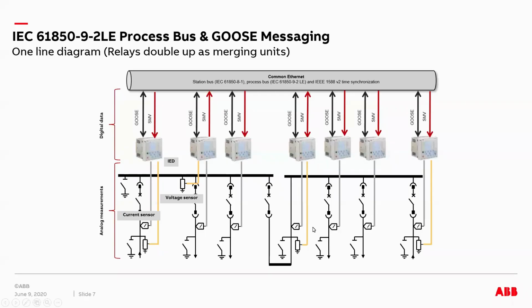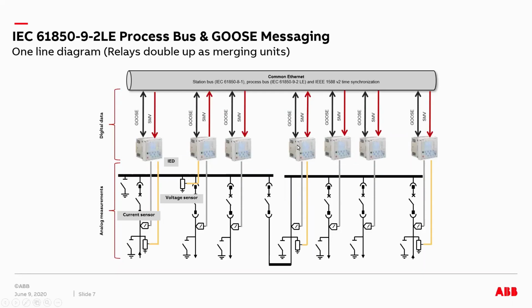Another facility here is with respect to the sync check application. When you have multiple sources to be connected together, we always need to check the synchronizing condition. In this case, the tiebreaker has the bus B voltage directly connected to it, but it can subscribe to the bus A voltage over sampled value from here.